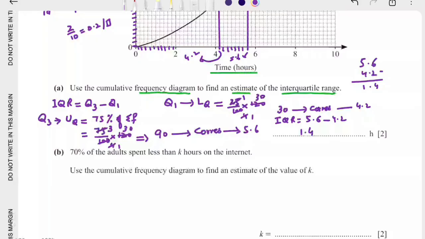Part B. 75% of the adults spent less than K hours on the internet. Use the cumulative frequency diagram to find an estimate of the value of K.